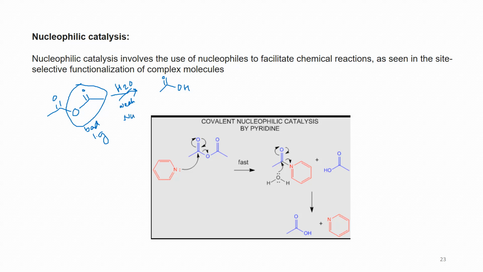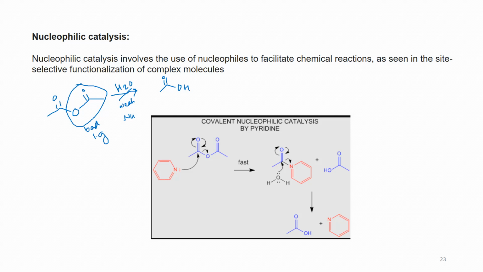To remove a bad leaving group, we need a very strong nucleophile, or otherwise, to remove any leaving group with a weak nucleophile, we have to make it a good leaving group.